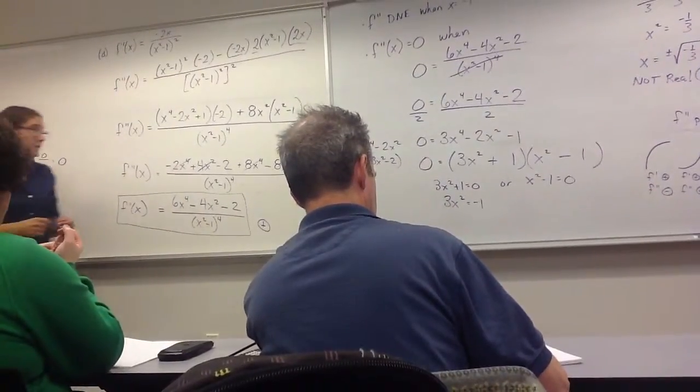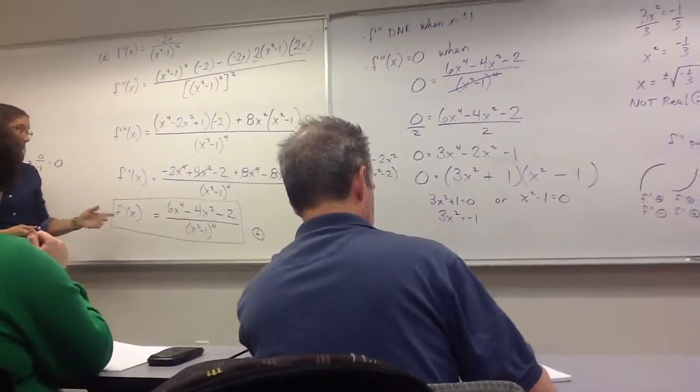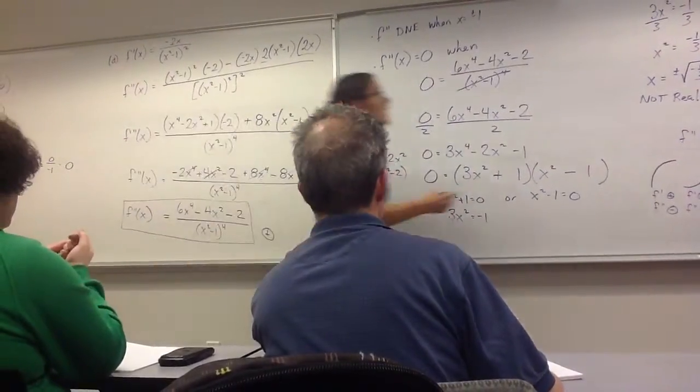And in our numerator, when x is equal to 0, we get 0, 0, -2. So we have negative over positive. So when we plug in 0, our f double prime is negative.